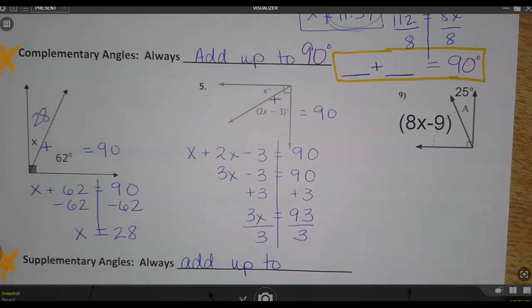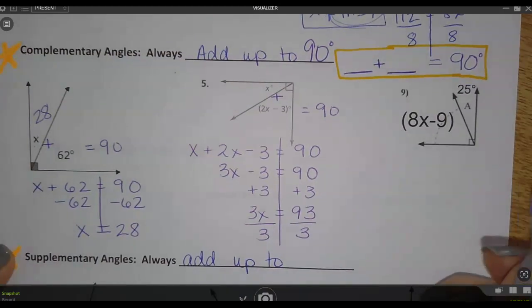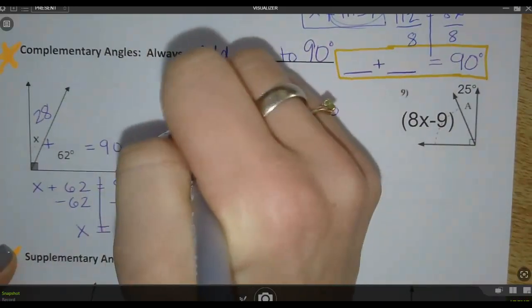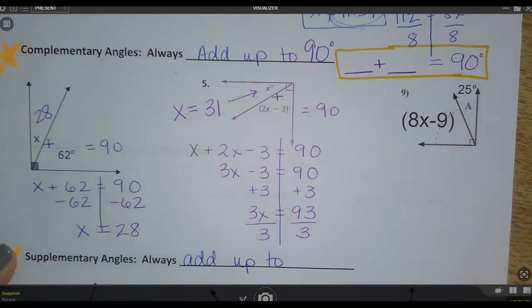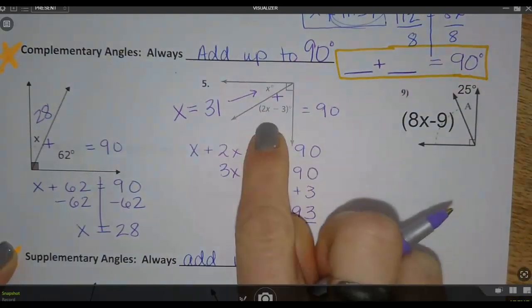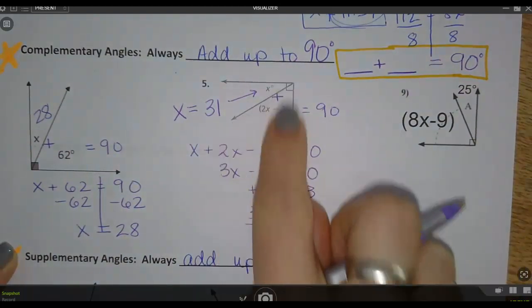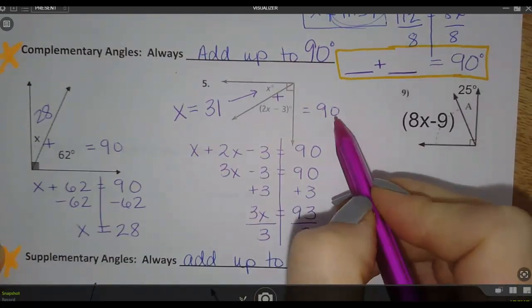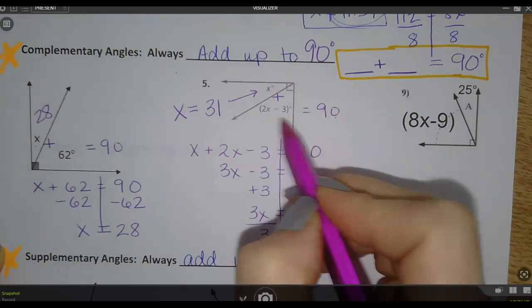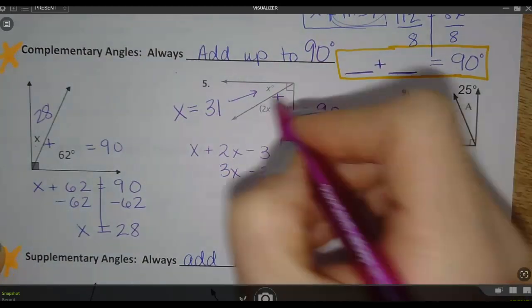So I'm going to come up here and write down x equals 31. So that angle is 31. Now, what if they ask me how big is this angle? Well, a couple ways we could find that. We could do 90 minus 31 and see what we get there. But we could also double check.